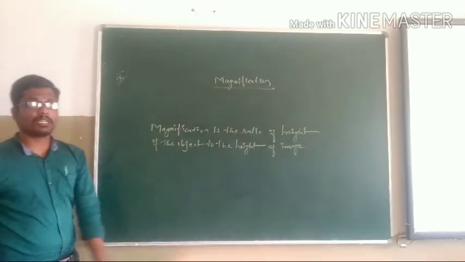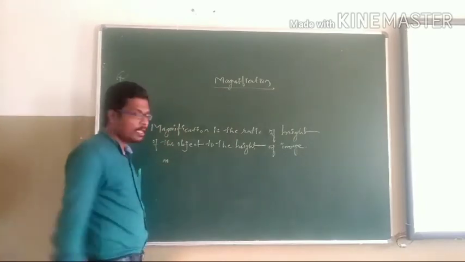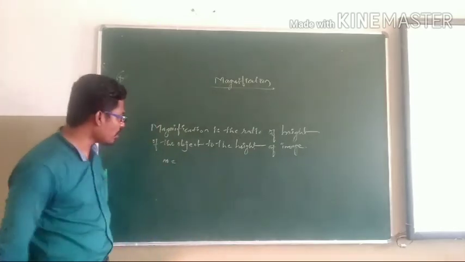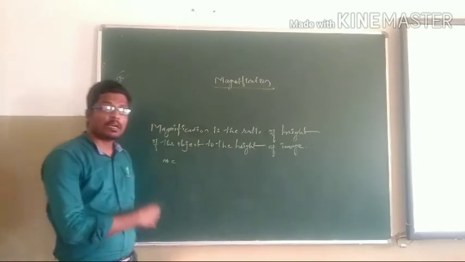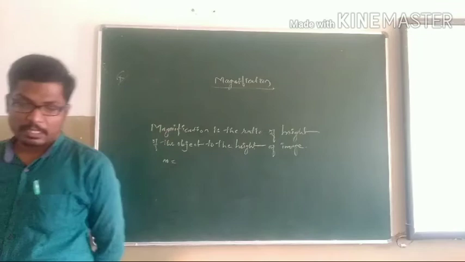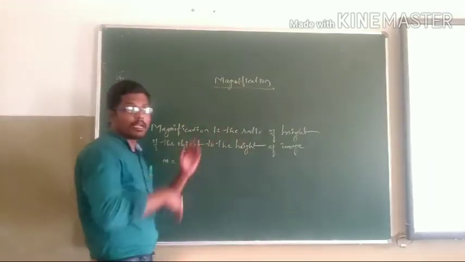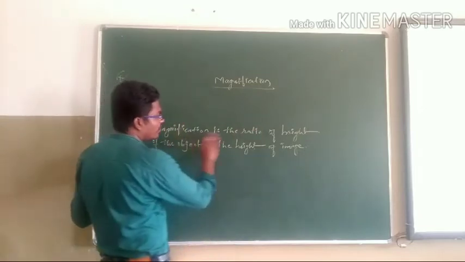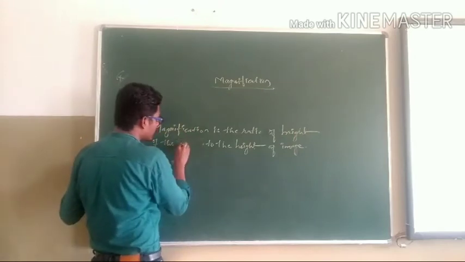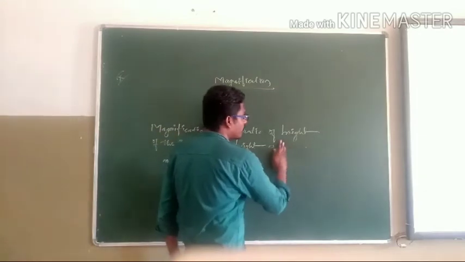The magnification is denoted by m. As per the definition, the magnification is the ratio of height of the object to height of image. Just a little rearrangement here we can do: the ratio of height of image to the height of object.